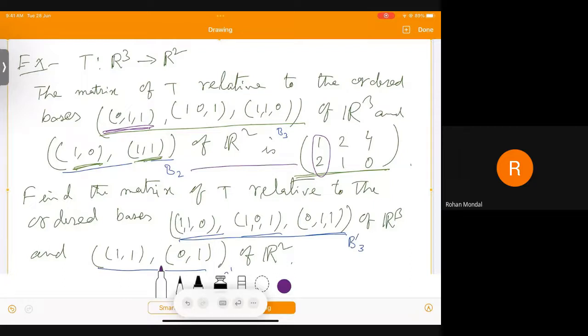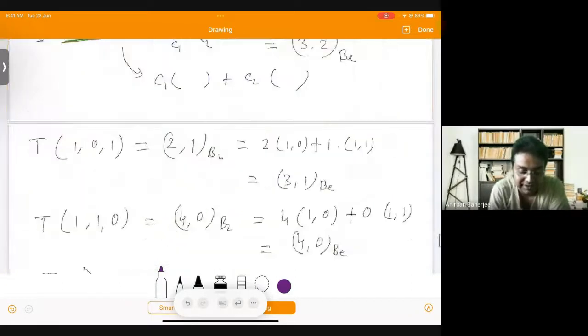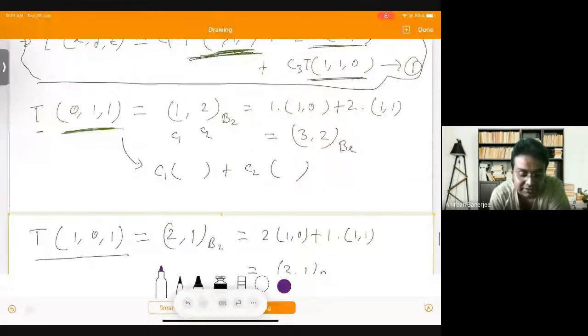Right? So that we know. So here the transformation of (0, 1, 1) is (1, 2), but with respect to the basis B2.